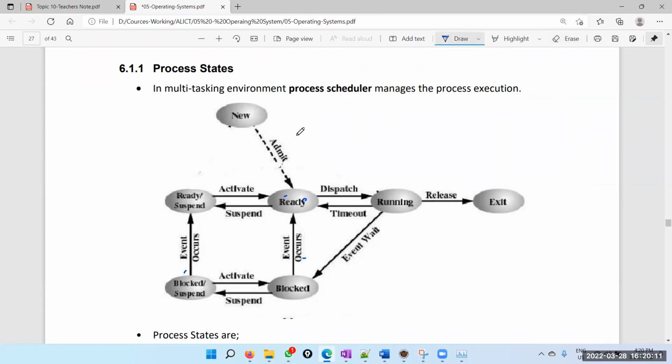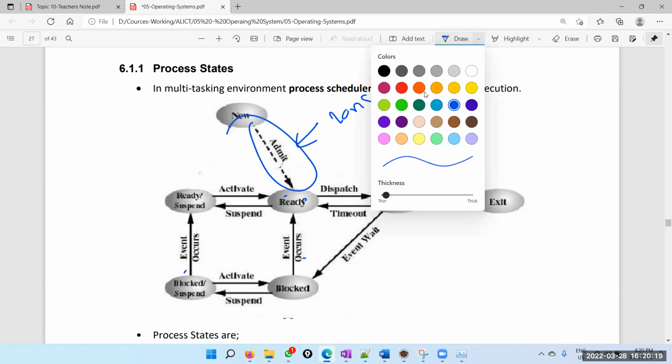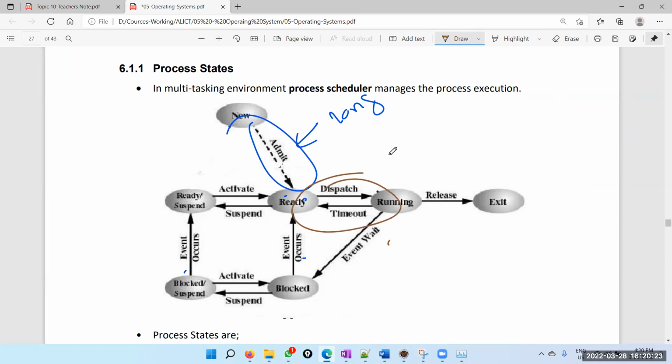So this is done by the long-term scheduler. And this is done by the short-term scheduler.